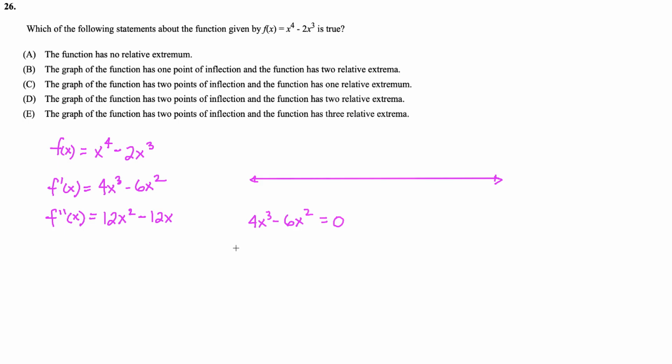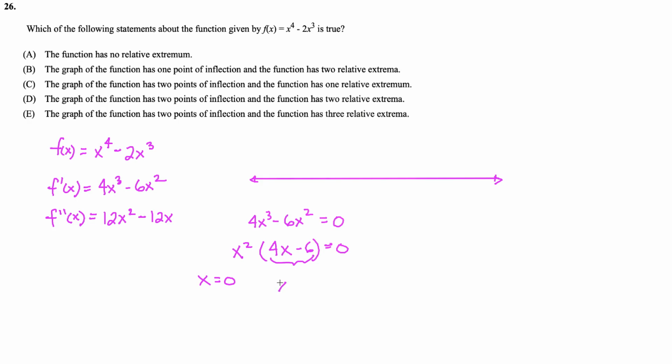So if you look, I can factor out an x squared, and I'm left with 4x minus 6 on the inside. And there's essentially two values for when I'm going to have a horizontal tangent line: x equals 0, and then the other value is whatever value makes this factor equal 0. So when is this factor equal to 0?